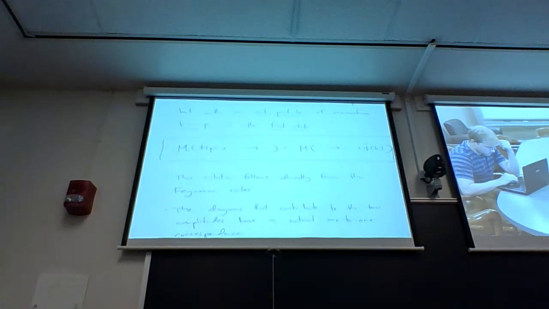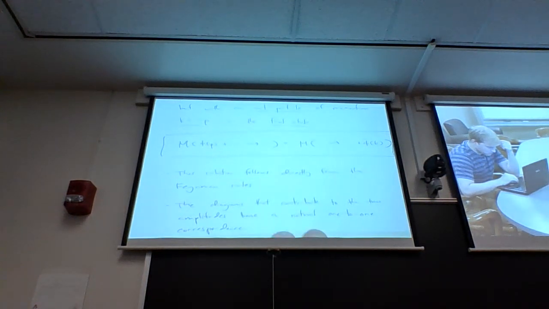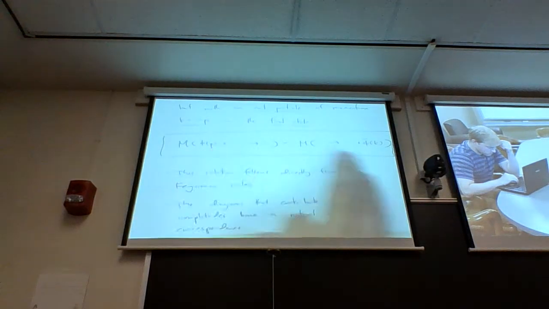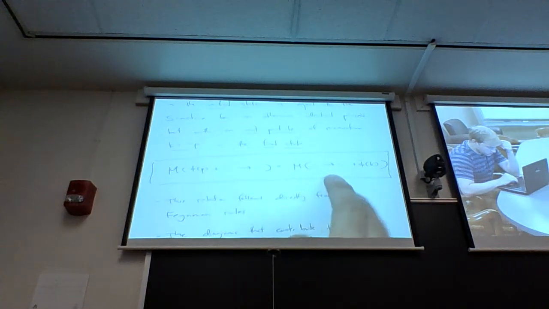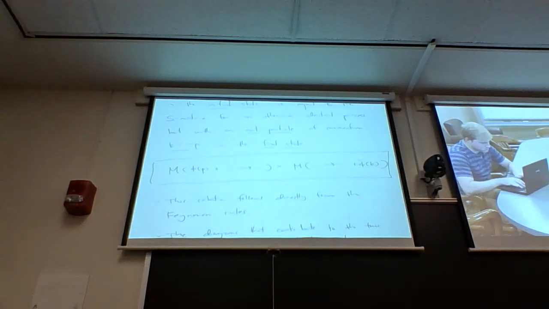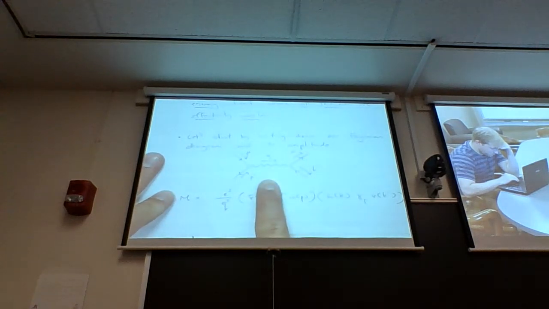And it turns out that if you really dive into it and look at the diagrams, this relation just falls out of the Feynman rules, and the diagrams that contribute to these two amplitudes have a one-to-one correspondence. In our case we only had one diagram. So here's our e+ e- diagram.